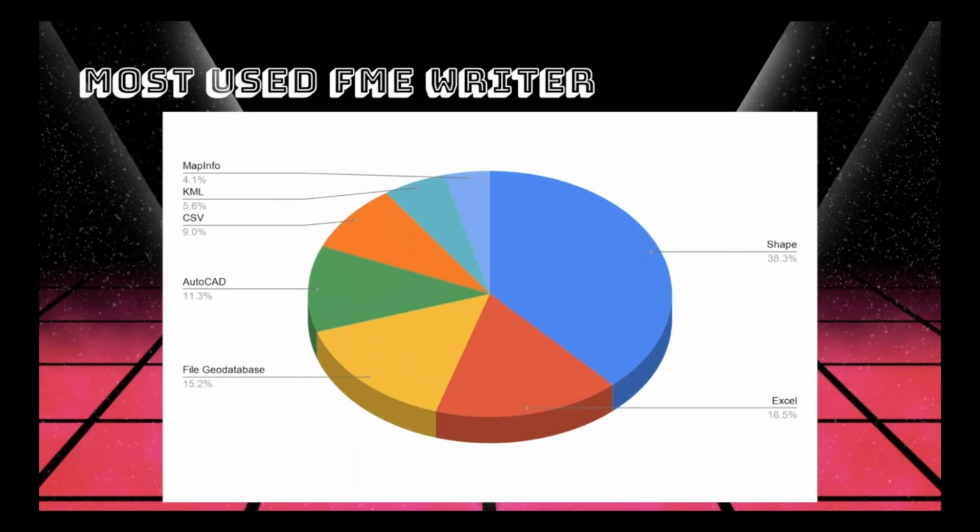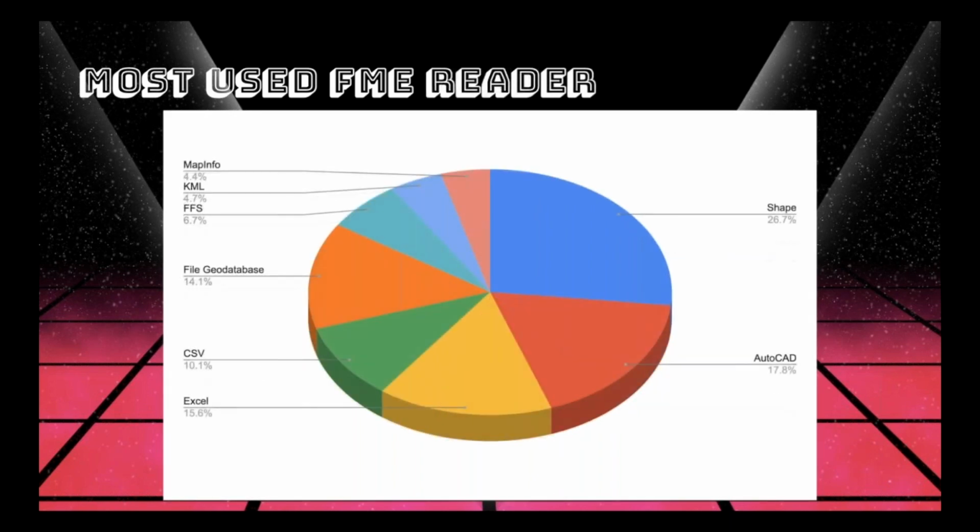And you can see who the other contenders are in terms of where people seem to go. Excel is very strong, and file geodatabase as well. On the reading side, Shape is the most used reader, but not by as much, about a quarter of all translations. And you can take a look there, AutoCAD edging out Excel. I think these stats are from the last 365 days.